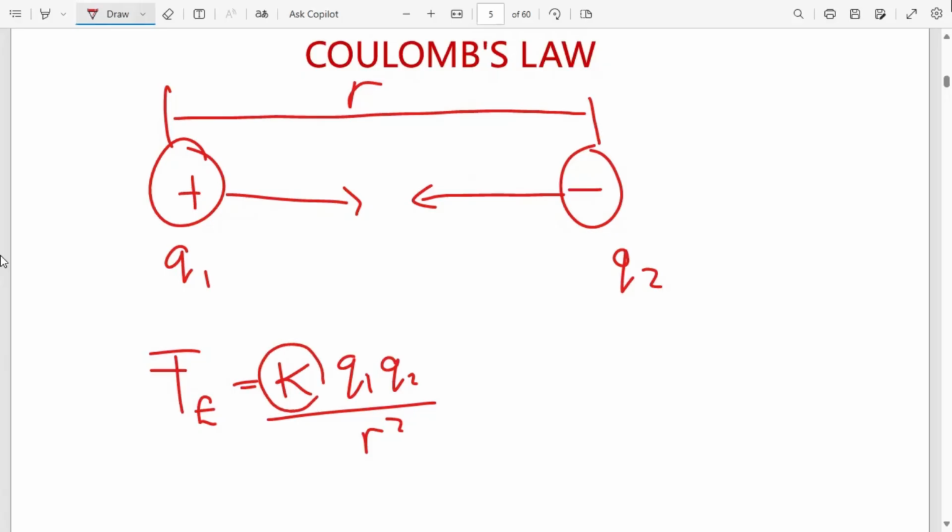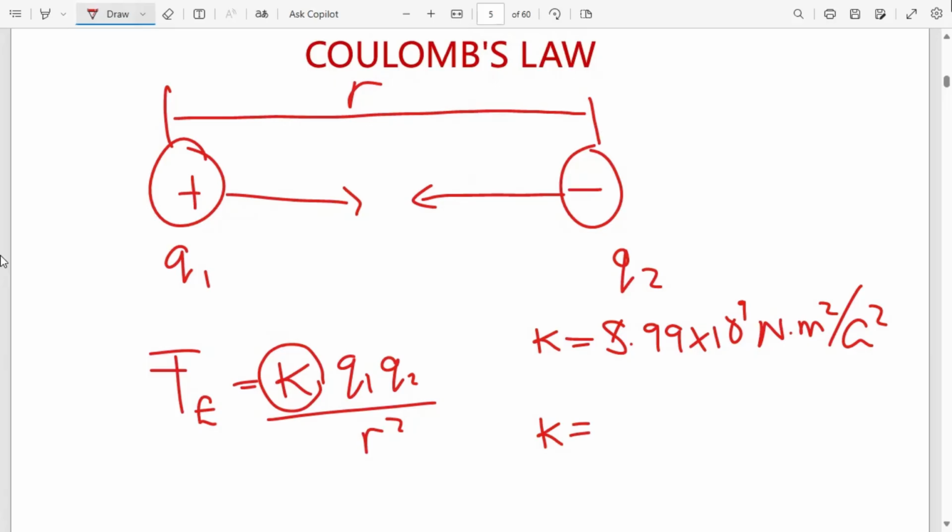The K that we have in our formula is what we call the Coulomb's constant, and it has a value of 8.99 times 10 to the power 9 newton meter squared per coulomb squared. That is the value of our Coulomb's constant, but it can also be written in another form.